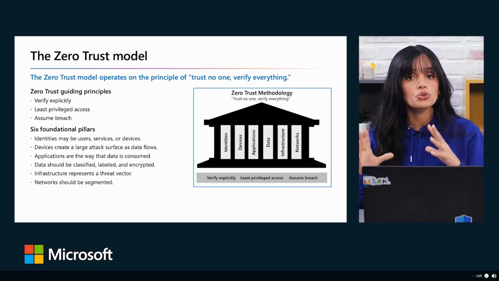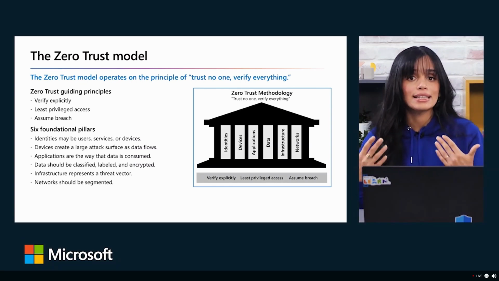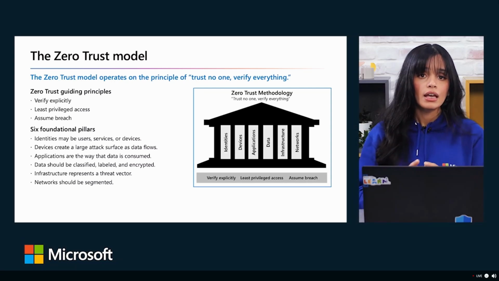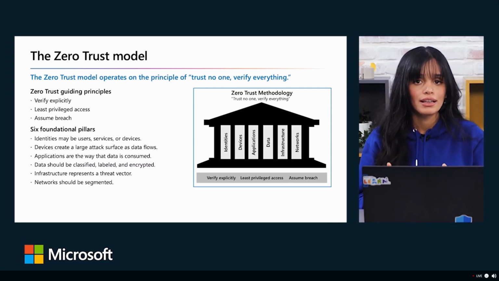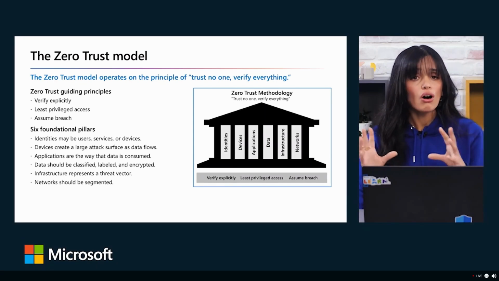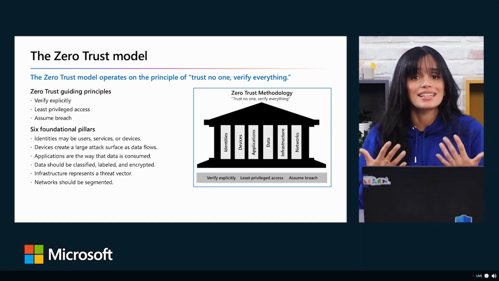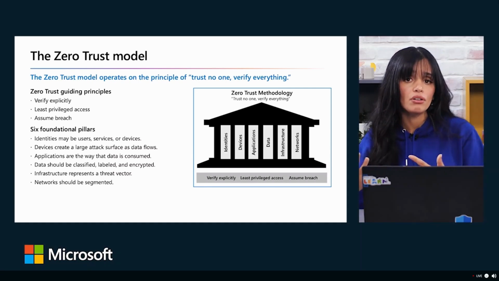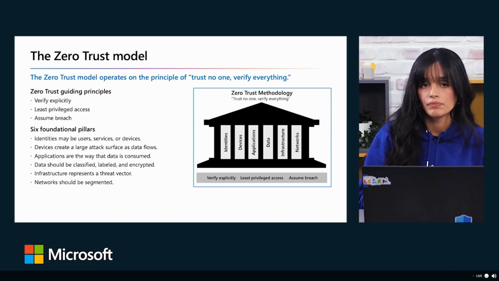Typically, your data should be labeled, classified, and encrypted wherever it is kept or when it is in transit. In the infrastructure pillar, we focus on your infrastructure. This could be your cloud services, your on-premises environment, or something that you have that is implemented in a hybrid environment and that should be all monitored as well.